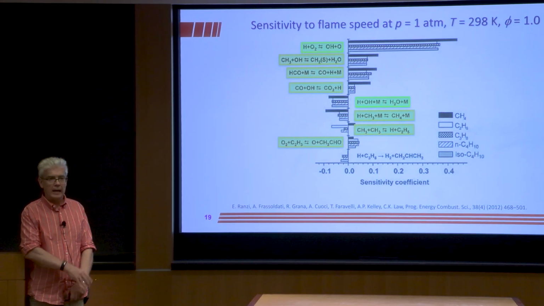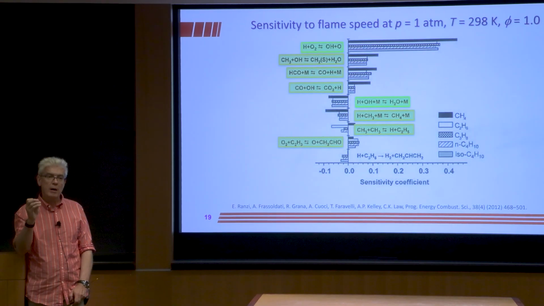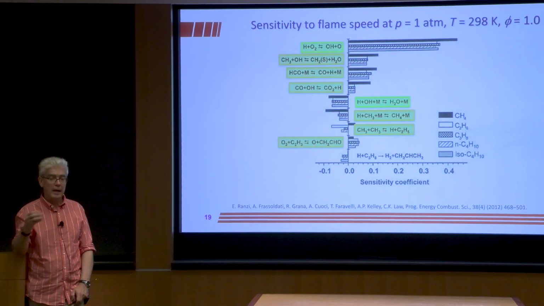I'm making an impression on it because it's really important. I want to highlight it because H atom can diffuse. So its transport properties are very important for flames, and it's the one species that you need to have good transport properties for when you're doing chemical kinetic modeling. It's the most important species in a flame.